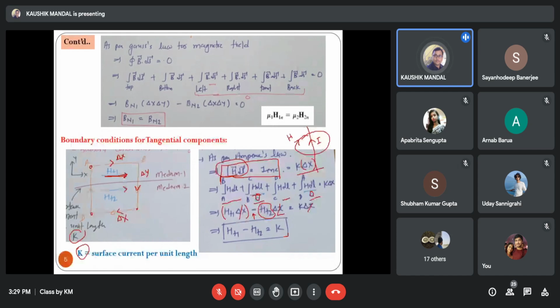They are not equal. Ht1 is not equal to Ht2, unlike the normal component.